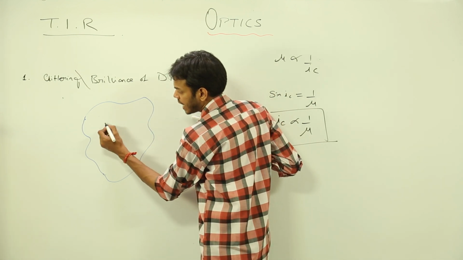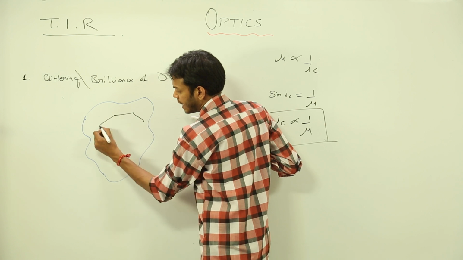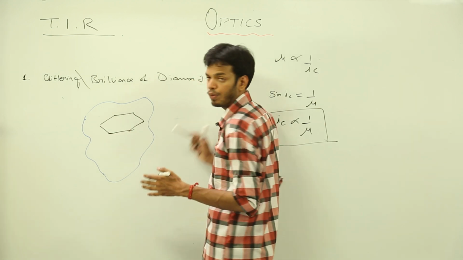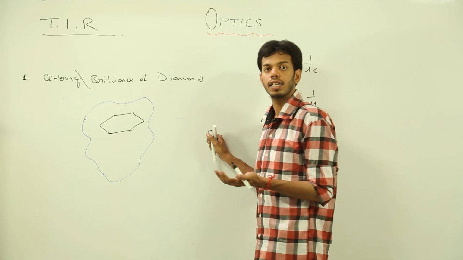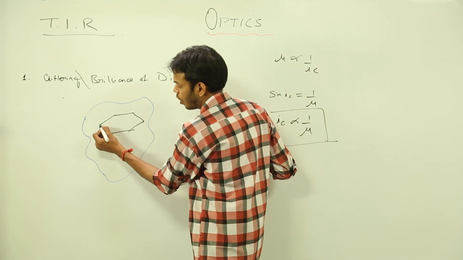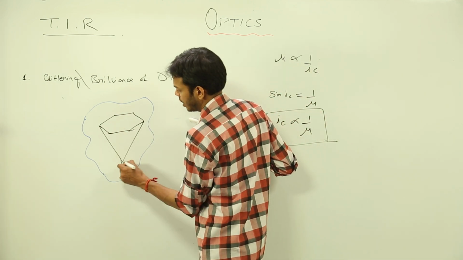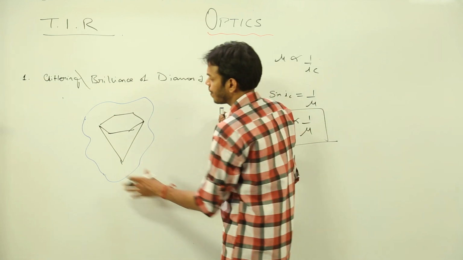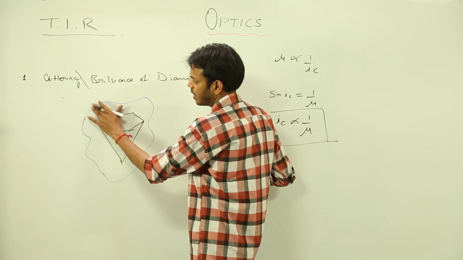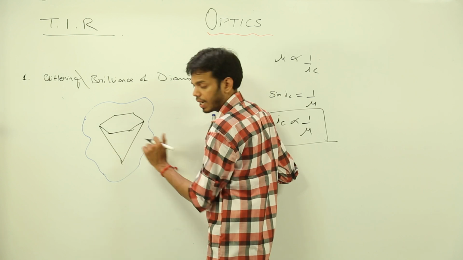So the diamond is cut in such a way that people calculate all the angles associated with the cutting of diamond and make such a shape. This is just an example. So they have removed this much part and you are left with this much part.